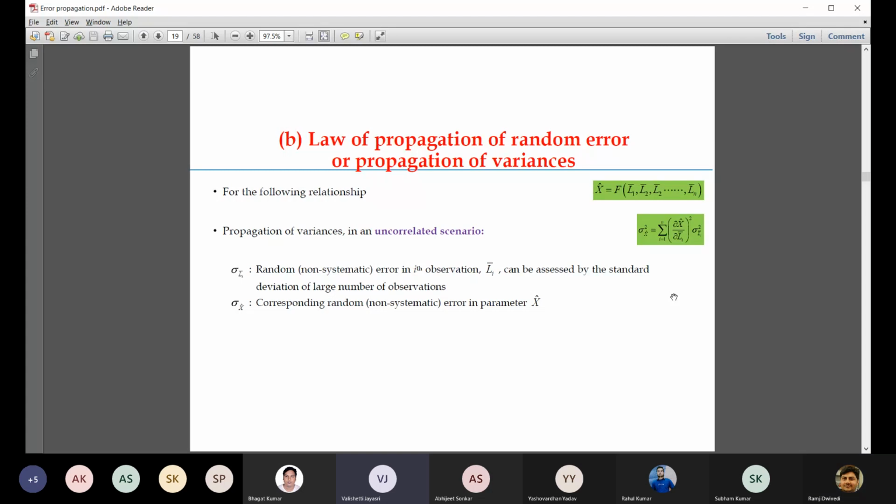For 2x1 and x2, both are variables, so we'll get 2 mu x1 plus mu x2, and the 2 is the same k value. But coming to the variance, the product term will get squared, and the added constant will get eradicated. So here there are only two variables, 2x1 plus x2, and the final will be 4 times variance of x1 plus variance of x2.